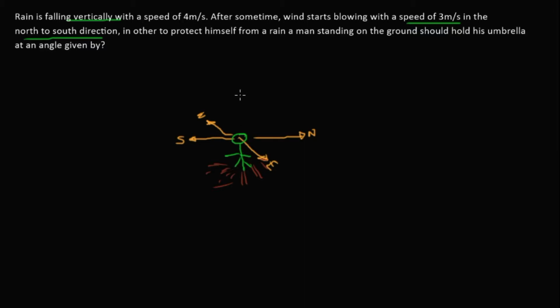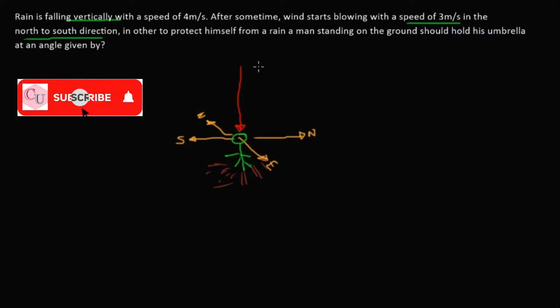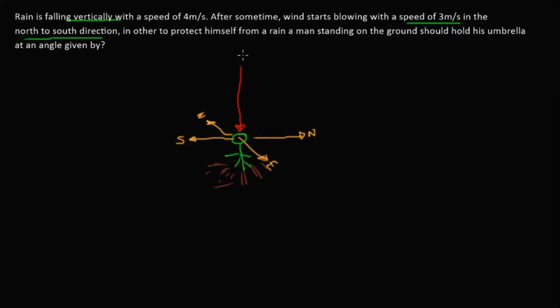So when rain falls vertically, that means we'll have something of this nature. Rain is falling vertically on this man. So this is the direction of the rain, vertically on the man with a speed of 4 meters per second.